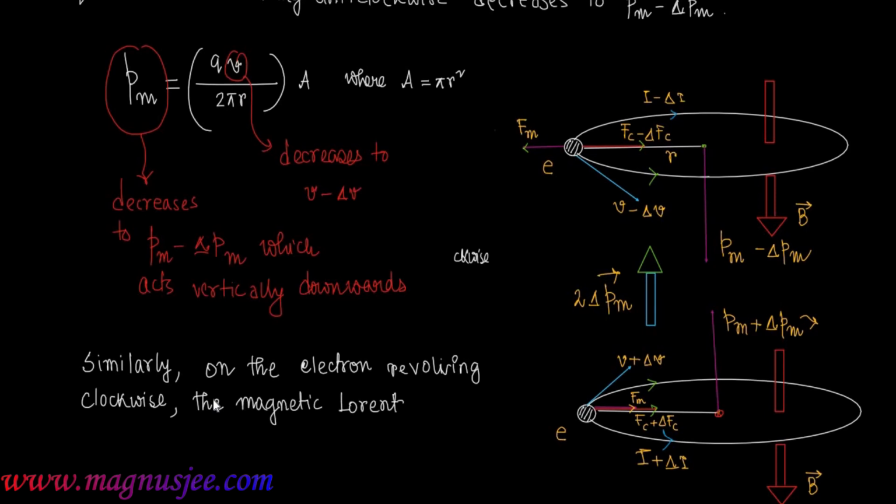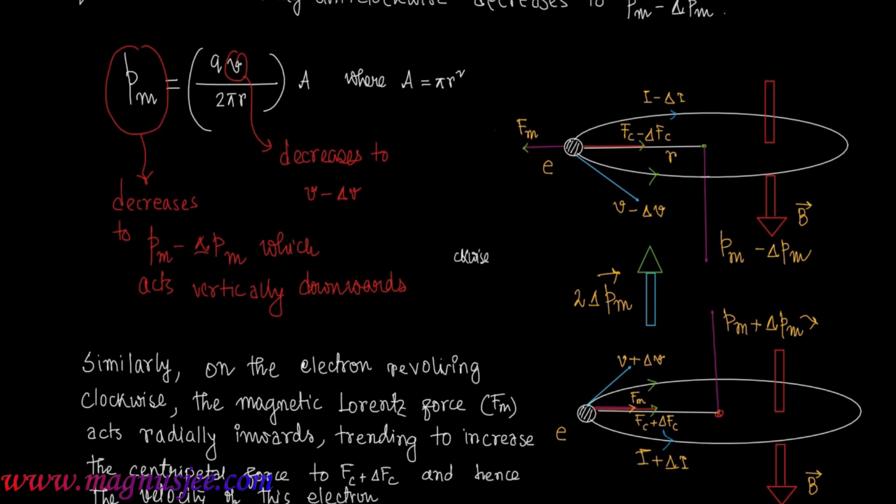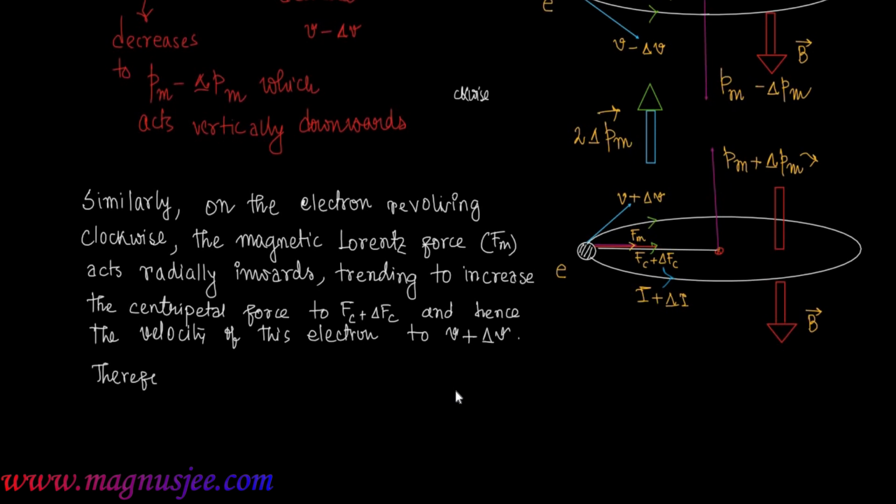The magnetic Lorentz force Fm acts radially inwards, tending to increase the centripetal force to Fc plus delta Fc, and hence the orbital velocity of the electron revolving clockwise increases to v plus delta v.